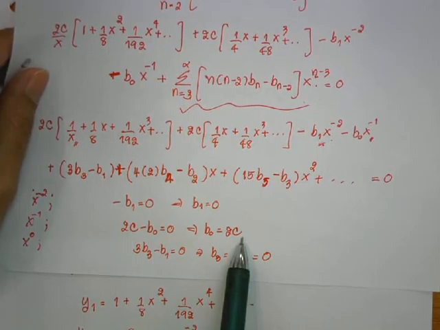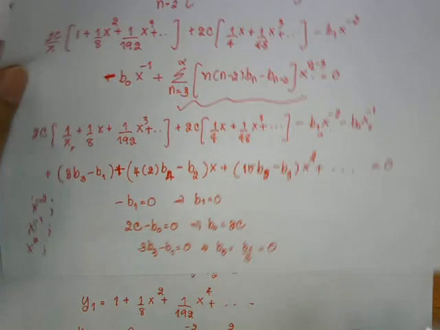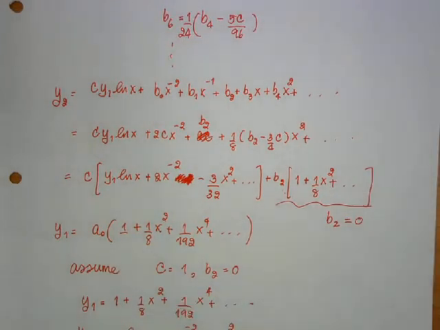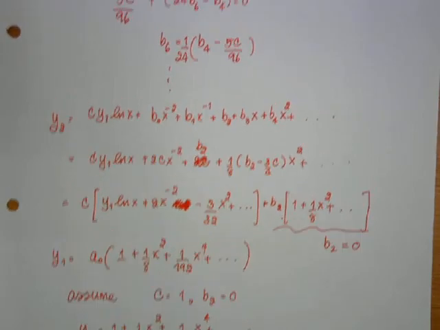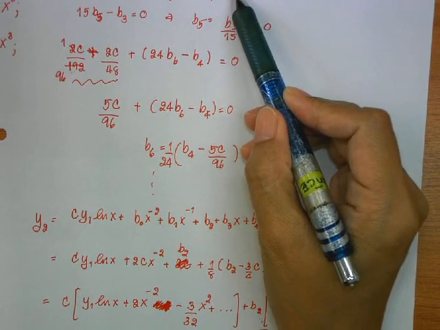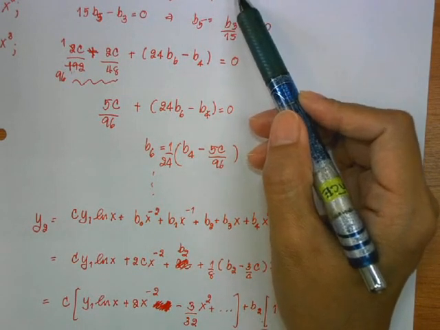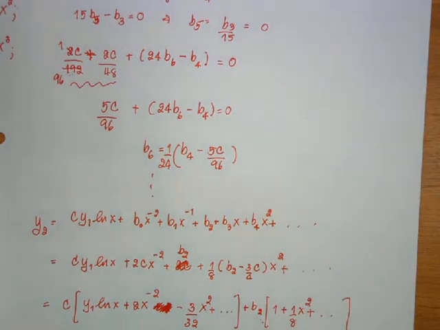If we assume that c equals 1, then b0 is equal to 2, right? If b0 is equal to 2 and c is equal to 1, then b2 is equal to 0.